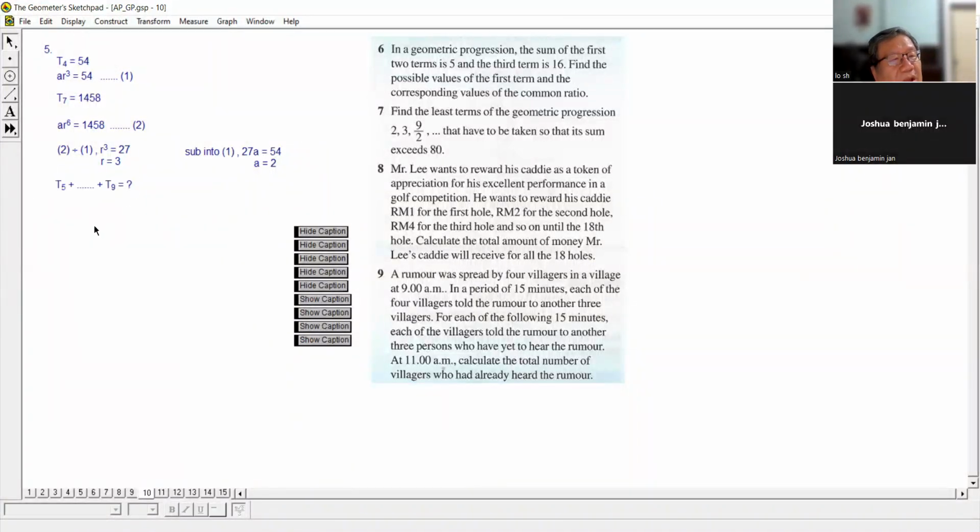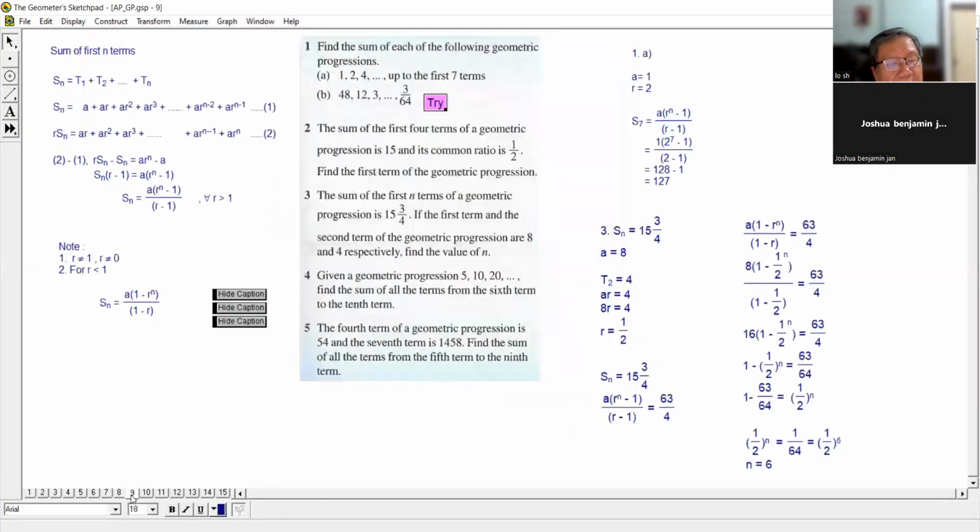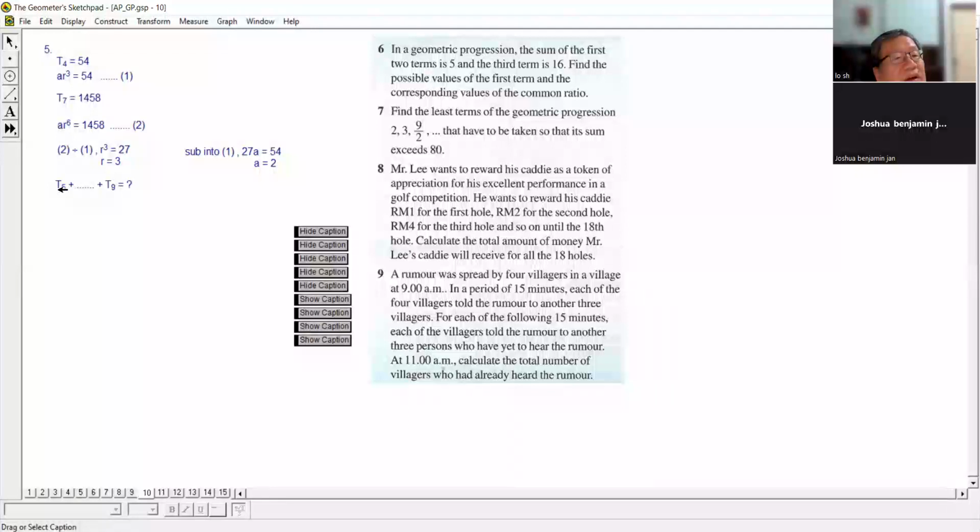Now, the question wants us to find, if you look again, the sum of all the terms from the 5th term to the 9th term. 5th term to the 9th term means they want T5 until T9, right? How to get? If we look at S9, it is 1 until 9, it's not 5 until 9, right?